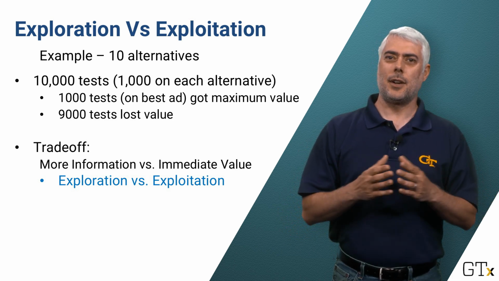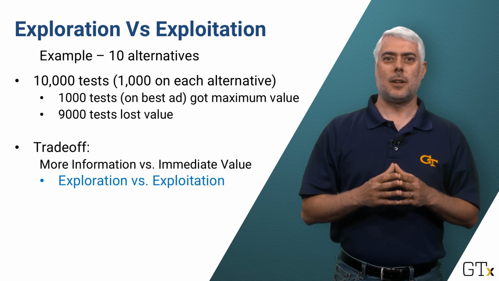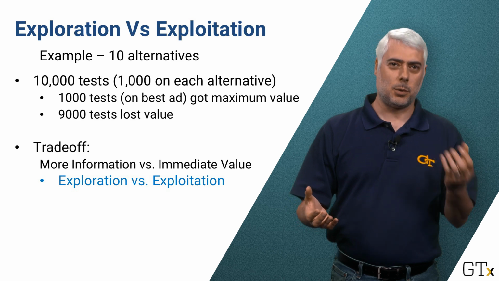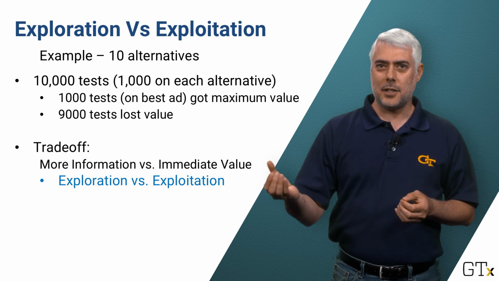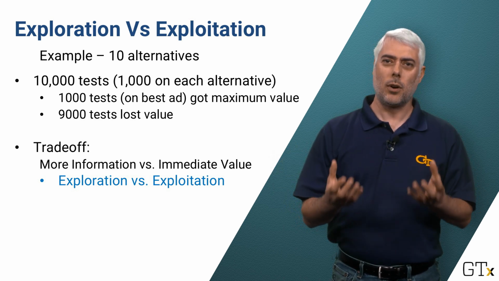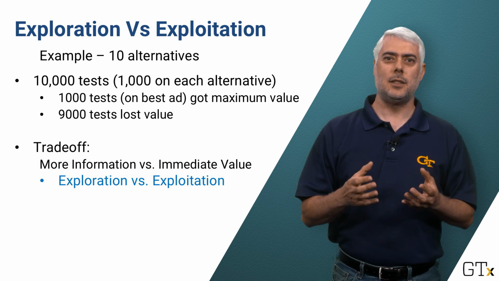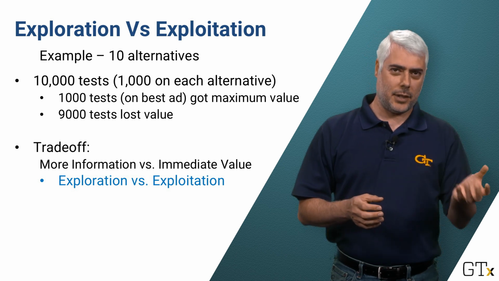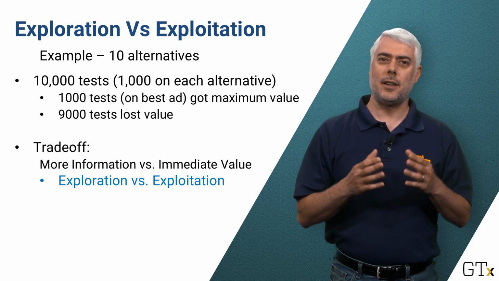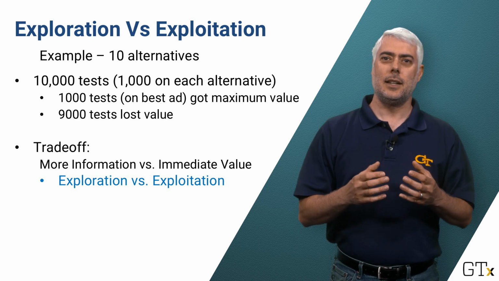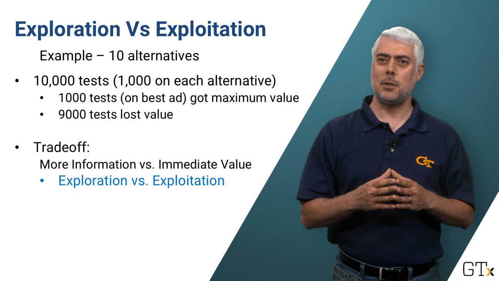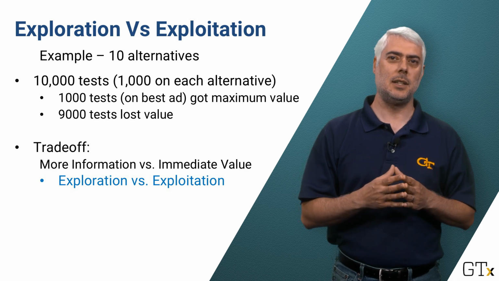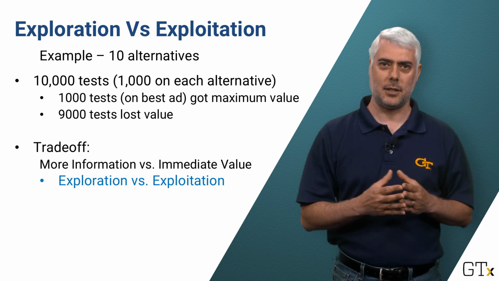In analytics jargon, those two types of benefits are called exploration and exploitation. Exploration means that we're focusing on getting more information, in this case to determine with more certainty which ad is really the best. And exploitation means that we're focusing on getting immediate value, in this example to show the ad that seems to be doing best so far because it seems to be most likely to be clicked.